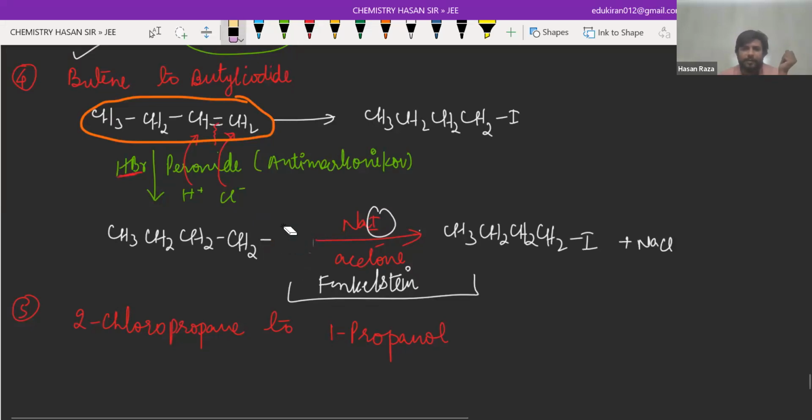Where is my mind? This is the mistake I had made. HBr is there, so there will be Br negative. So here it will be Br, and the rest is clear. Correct. There are some conditions, Savage. Reactivity we can do also by that. Directly we can get it, not a problem.